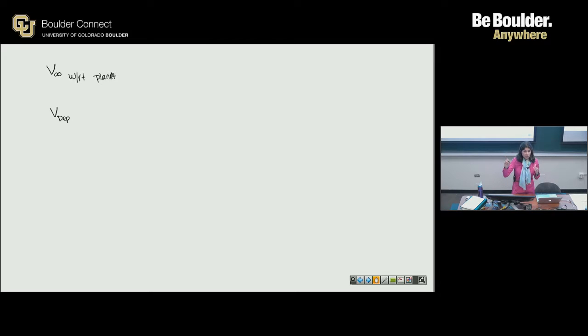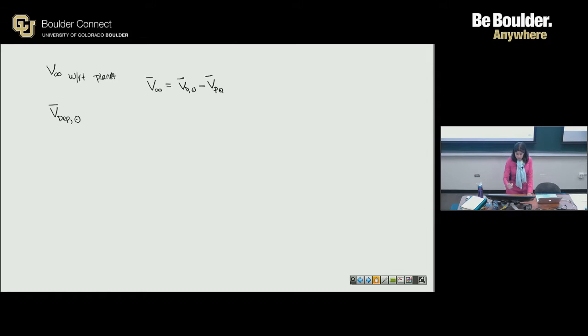Because it's the velocity on a conic with respect to the sun. So this departure velocity is with respect to the sun. Now, if we want to find V infinity, we can take the velocity at departure with respect to the sun minus the velocity of the planet with respect to the sun.